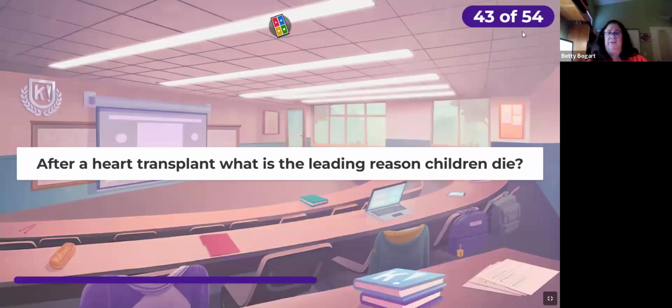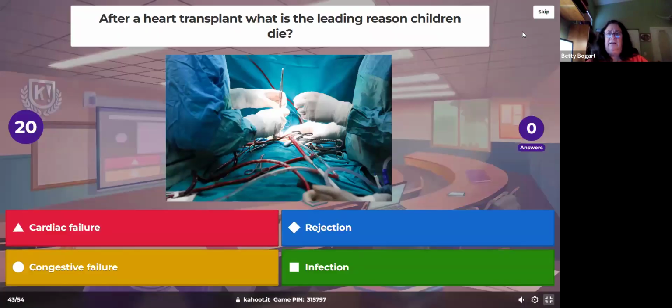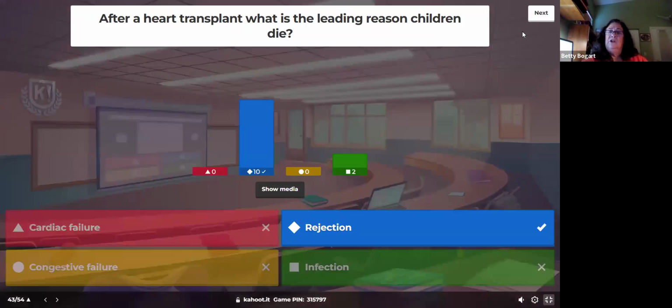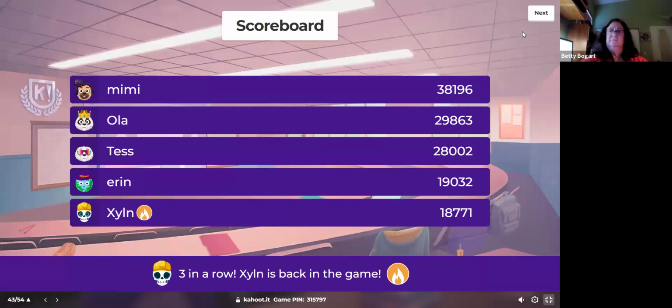After a heart transplant, what's the leading reason children die? Rejection, rejection, rejection. It's not infection, rejection.